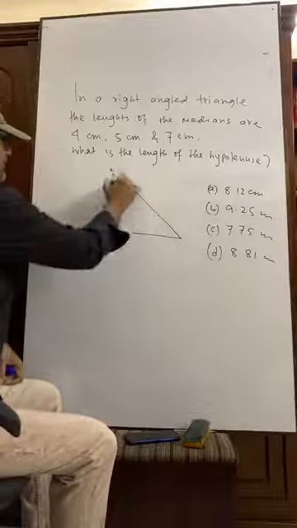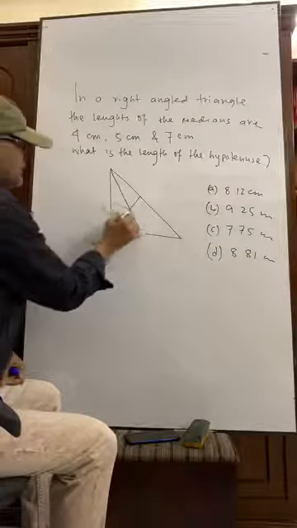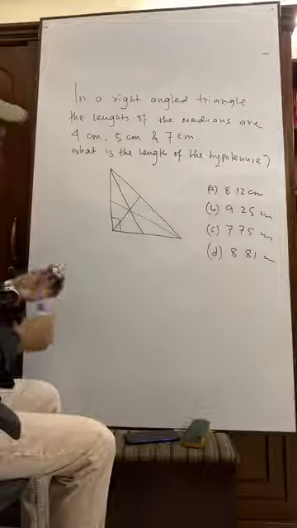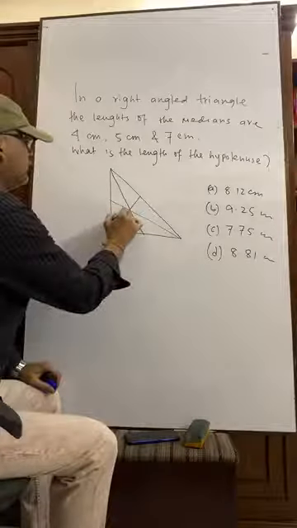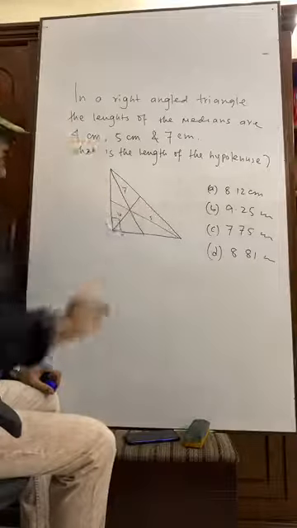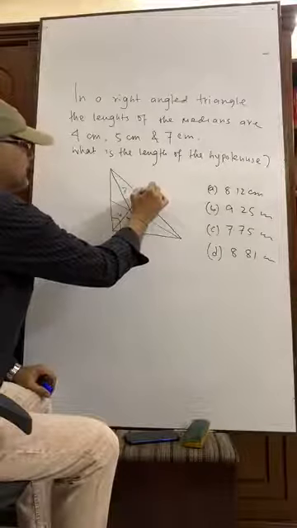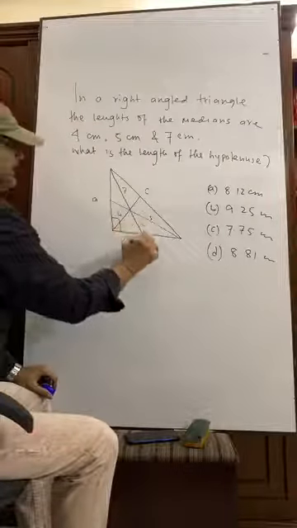Suppose these are the medians. Let's consider this is 4 centimeter, this is 5 centimeter, and this is 7 centimeter. And you know that it is the hypotenuse C. Suppose it is A and it is B.